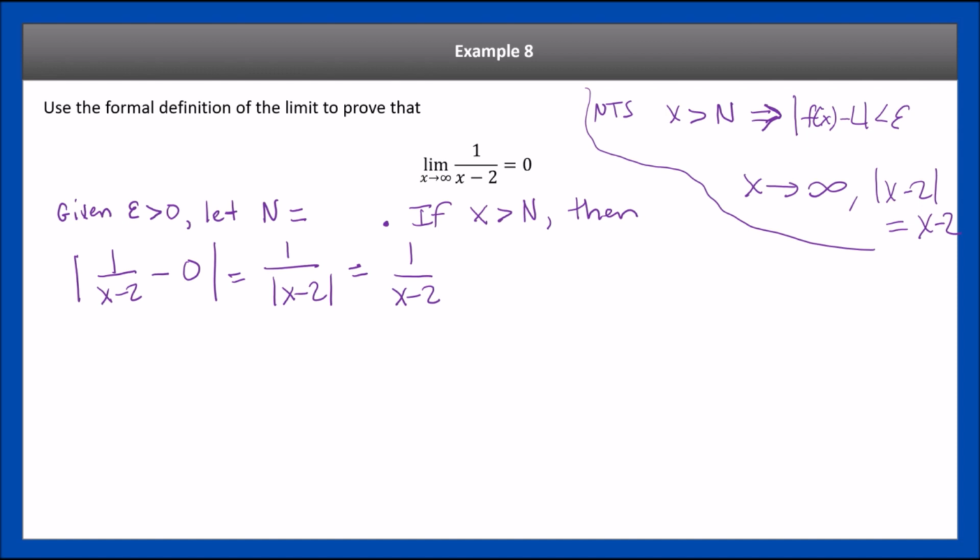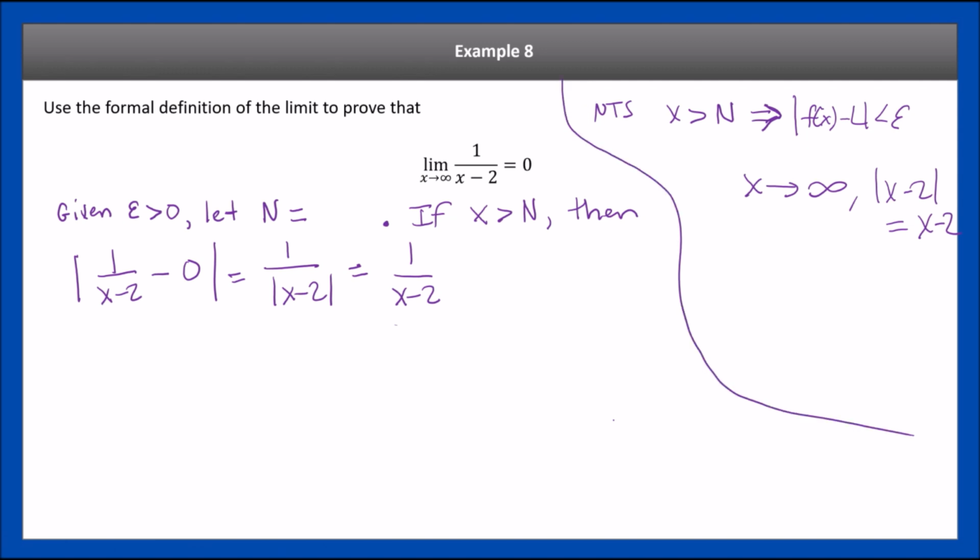Well, if you look at this, we know that x is greater than n, right? So if x is greater than n, that means if I plug in n into this x, let's show this off to the side.